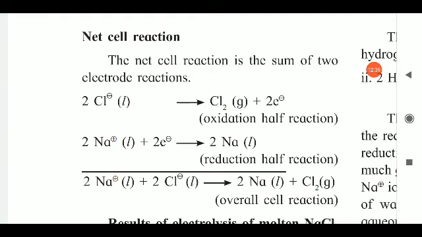Look at the overall oxidation half reaction and the reduction half reaction. For balancing, in the sodium reaction you multiply throughout by 2 so as to balance the electrons.